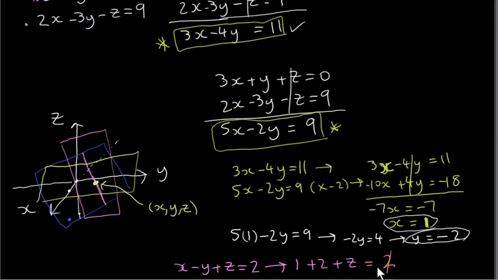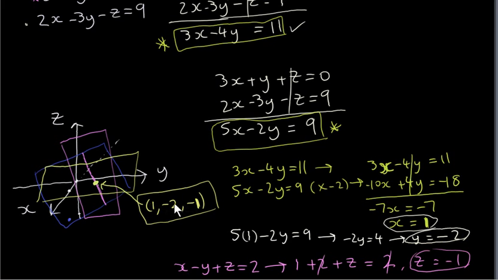You can cancel these out, so we end up getting z equals minus 1. So now we know that the three planes intersect at the point with coordinates 1, minus 2, minus 1.